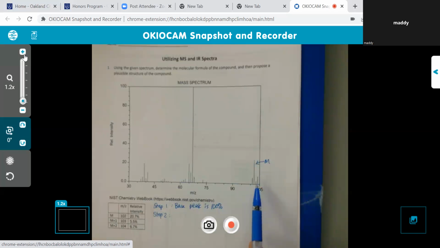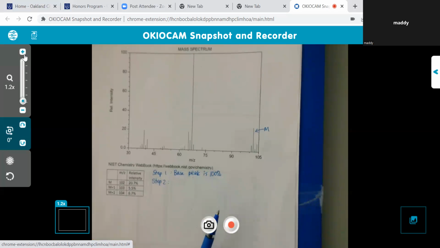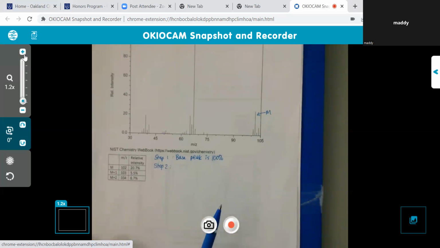So you could have determined the information in this table yourself just using a ruler, but I went ahead and did it for you in this case. So step 2, applying the nitrogen rule, you notice that the M peak is even. So that tells us that we have an even number of nitrogens or 0 nitrogens, okay?